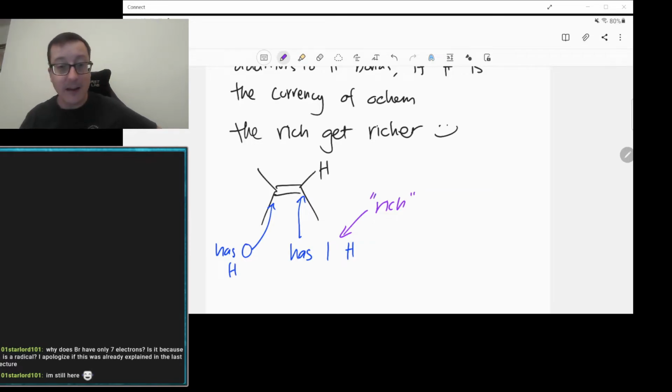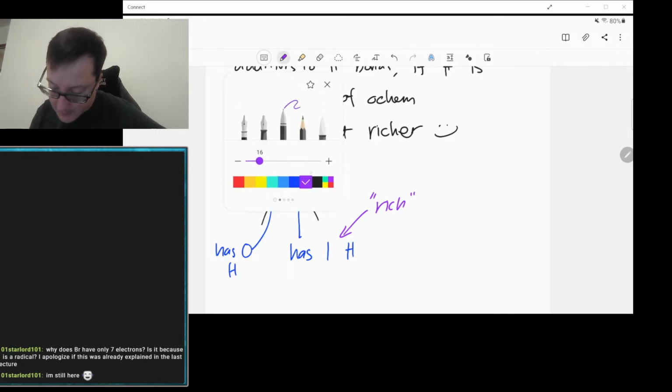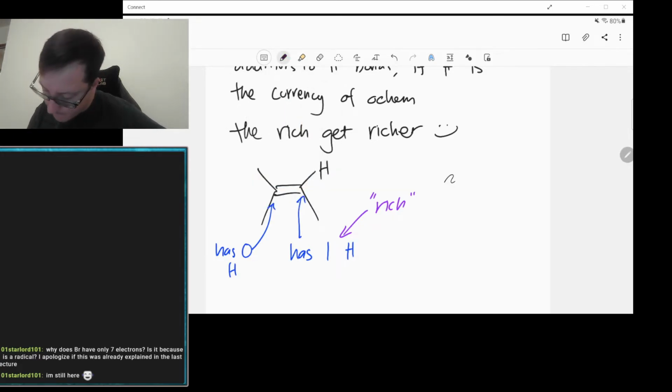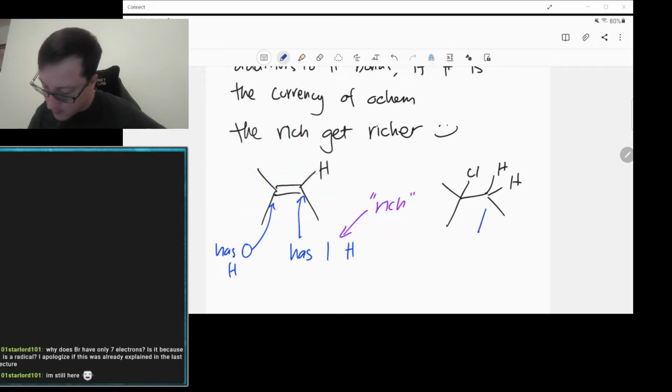And so it is where our other hydrogen will go. If we're following the Markovnikov rule, the hydrogen-rich side gets more hydrogens. It gets richer. And so in our product, notice that that same carbon got richer.